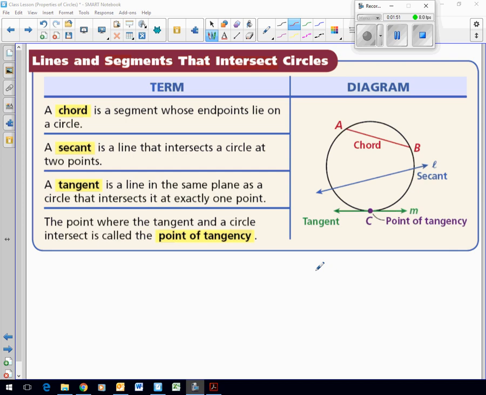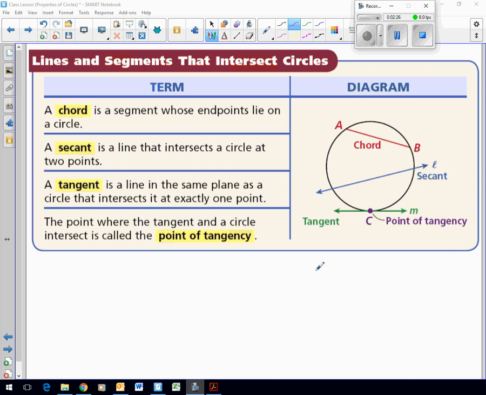It's probably called the edge of the circle or the outer edge. I'll use it to make sure we can grasp it a little better. So a chord is a segment, meaning it starts and stops on the rim. It does not go outside of the interior of the circle.